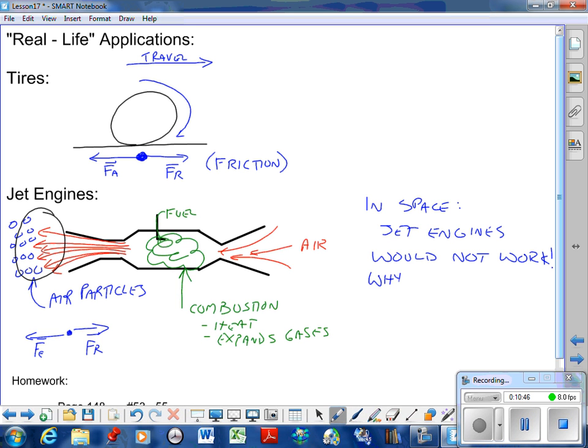Well, no atmosphere for expanding gas to push against.